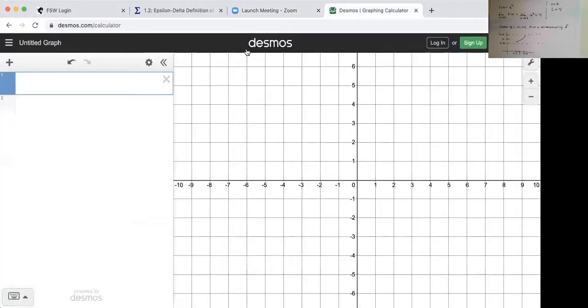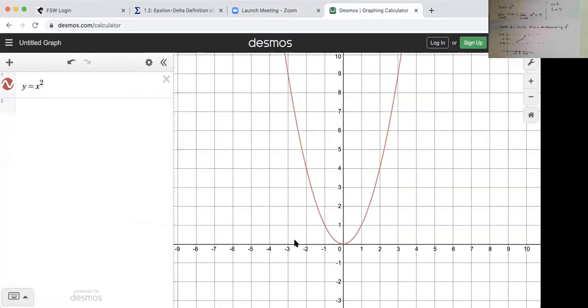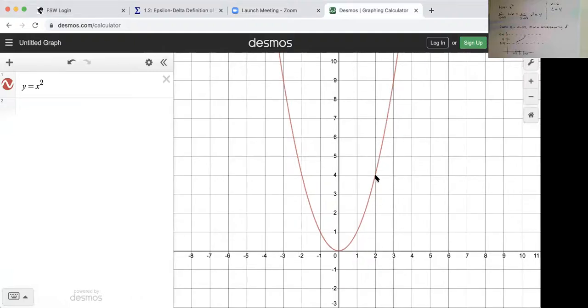So pulling up Desmos, I have y equals x squared. And we are approaching 2, right? And we believe that limit is 4. So we want to go up 0.05 and we want to go down 0.05.